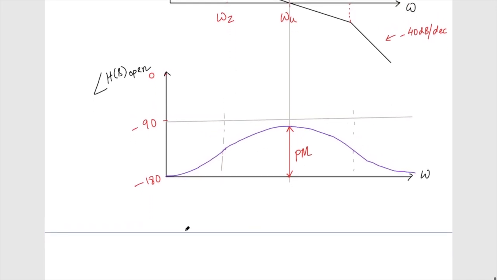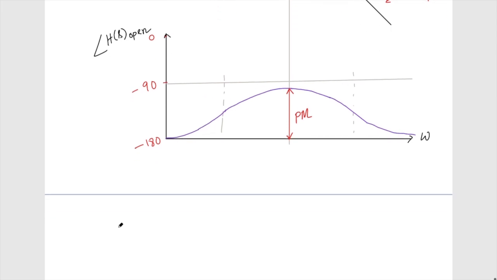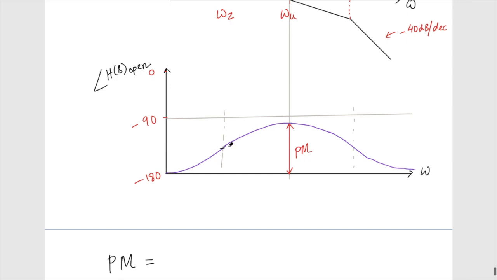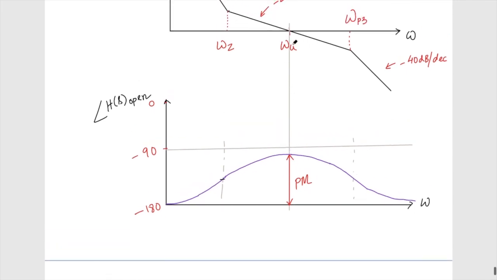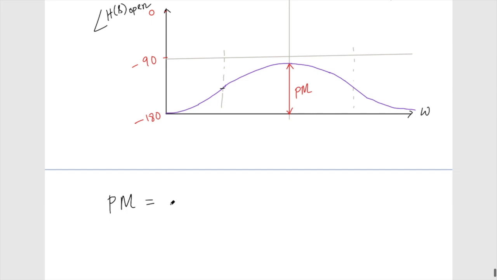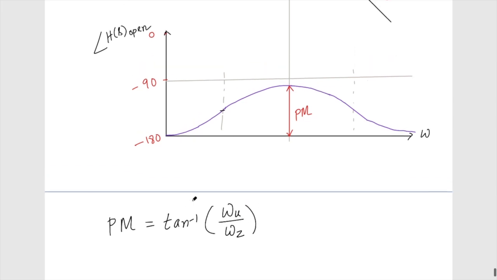So the phase margin is approximately given by the following. The 0 is trying to increase the phase margin, and the phase lead at this point will be given by tan inverse of omega u by omega Z.